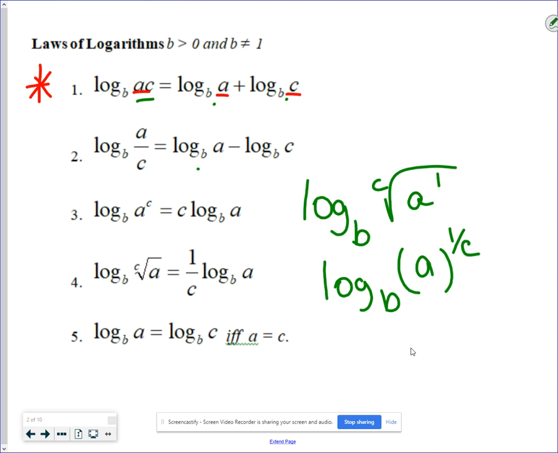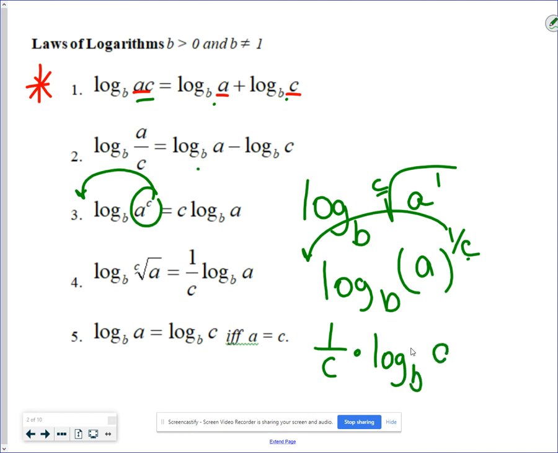The exponent on the a is a 1. The index of this radical is my denominator. And then, just like rule 3, when we have a power right here, we can take that exponent and move it to the front. My exponent is 1 over c. So this will be 1 over c times log base b of a.